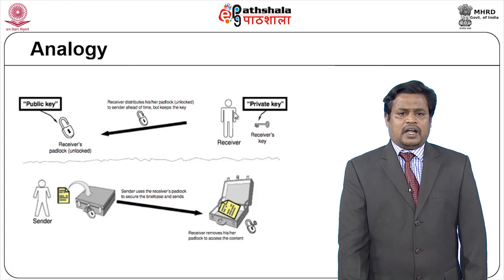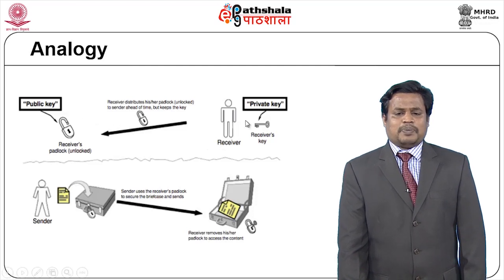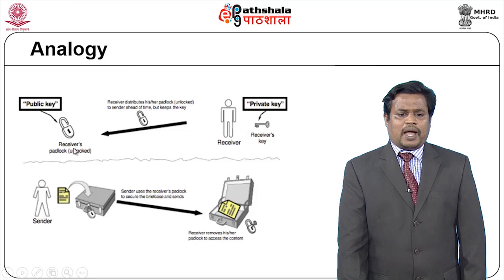If I am the sender and I want to secretly send a message to another person, the first thing I need is his public key. So before I start sending the message, I need to know the public key of the receiver. The receiver distributes the padlock to the sender. It is not secret information because it is called public.